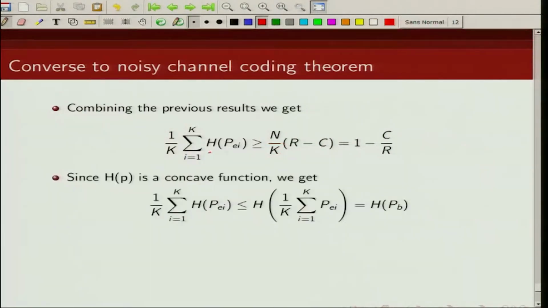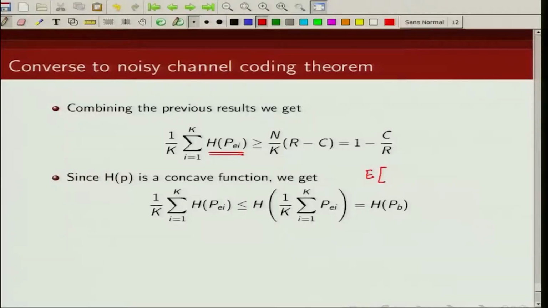Next, this binary entropy function is a concave function, and from Jensen's inequality, what do we know about a concave function? Jensen's inequality says that if the function f of x is concave, then the expected value of the function is less than or equal to the function evaluated at the expected value.